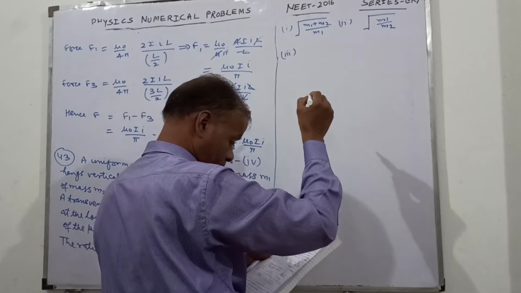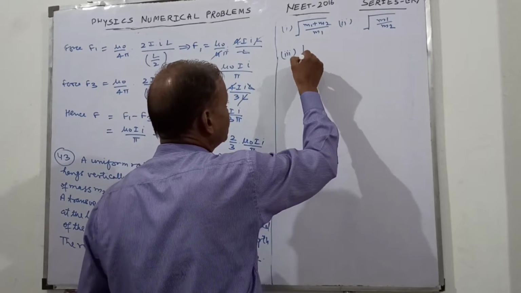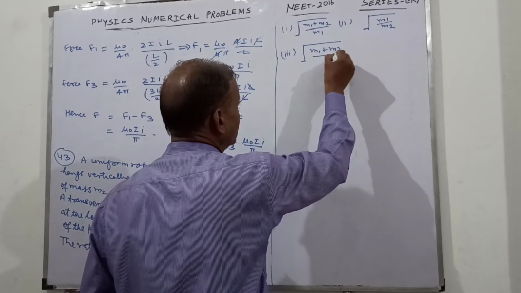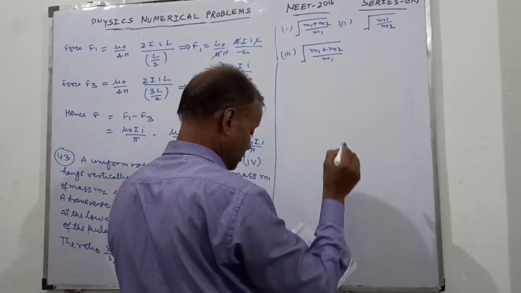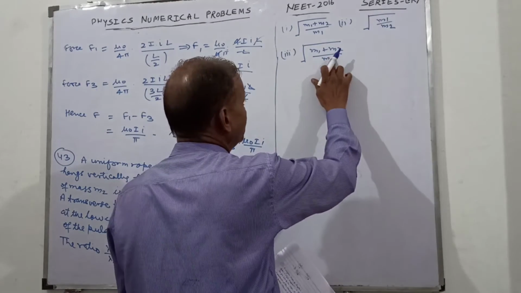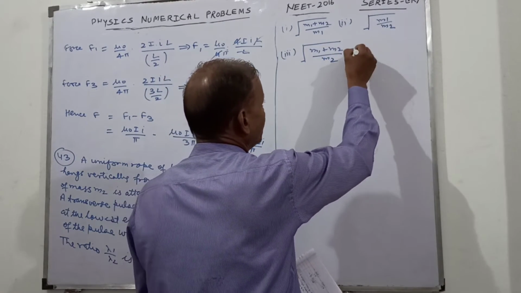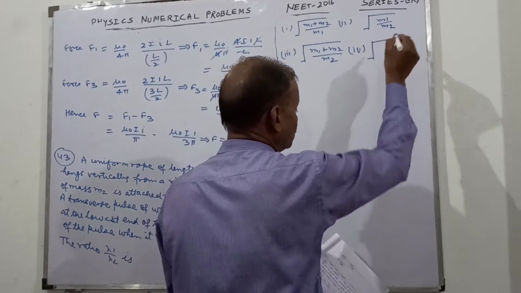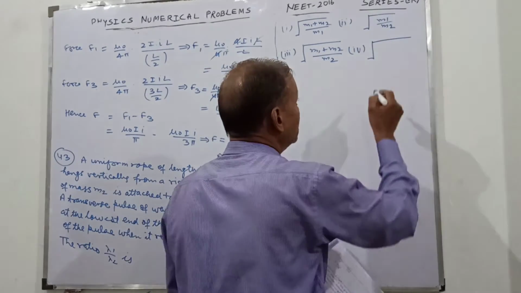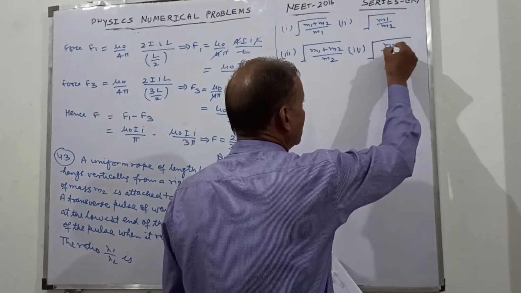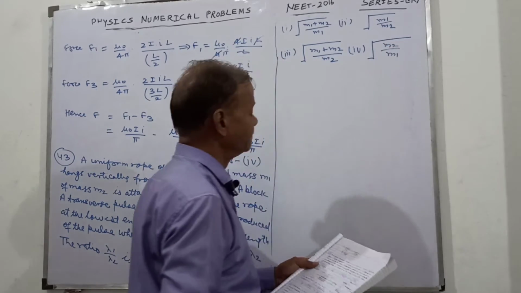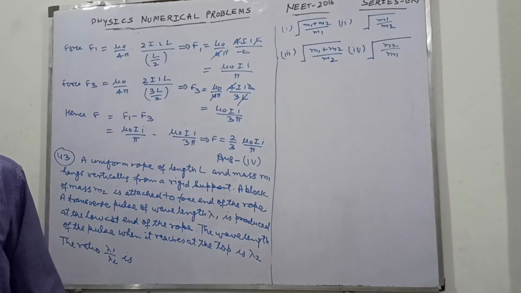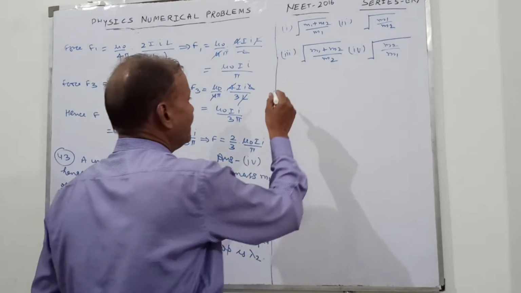Third, square root of (m1 plus m2) upon m2. And fourth is square root of m2 upon m1. This is given to us.